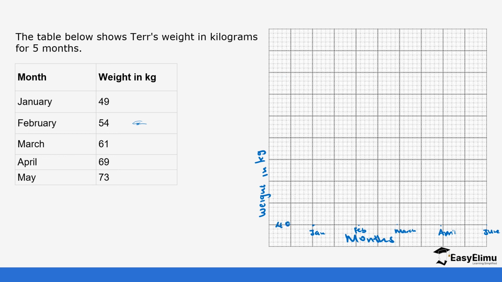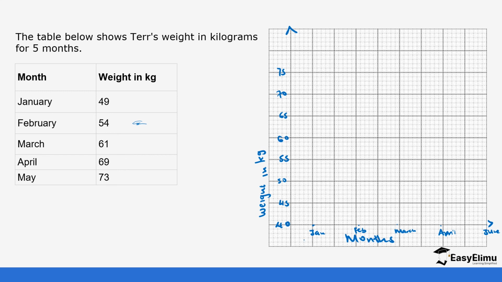So this is the y-axis, and this one is the x-axis. So you notice how we choose the scale for the x-axis and the y-axis. Ensure that your line graph is not very small. It needs to be more than half, but not so big either. It should cover most of your graph paper.